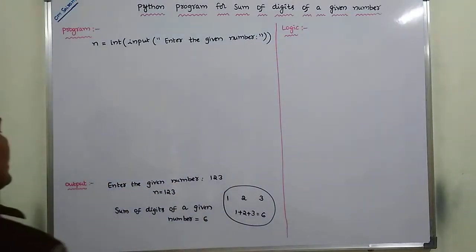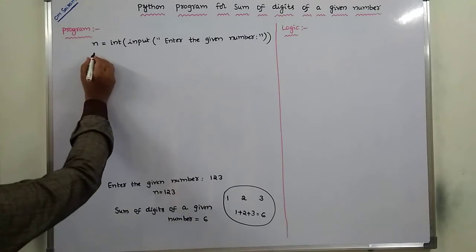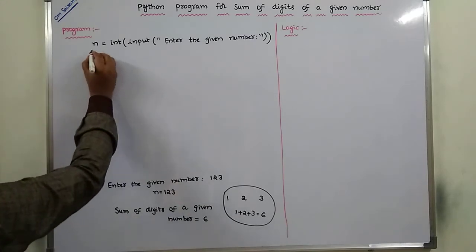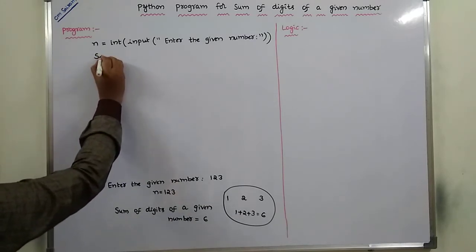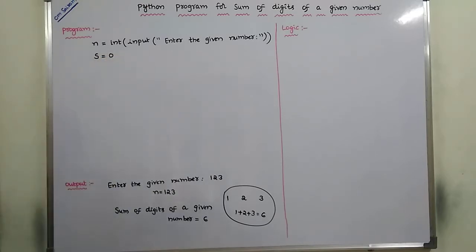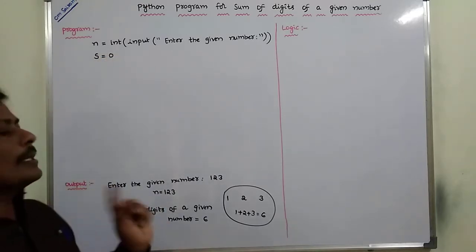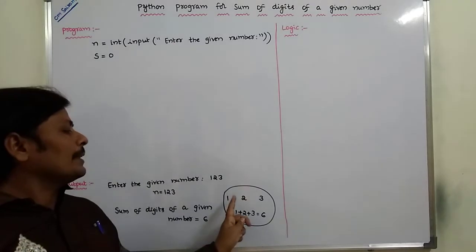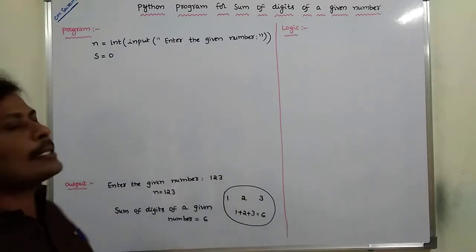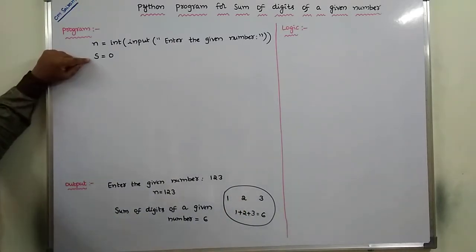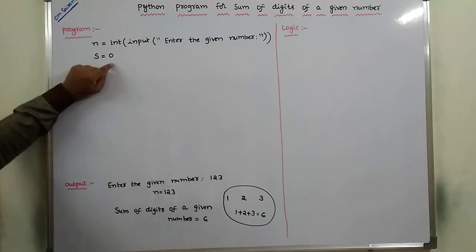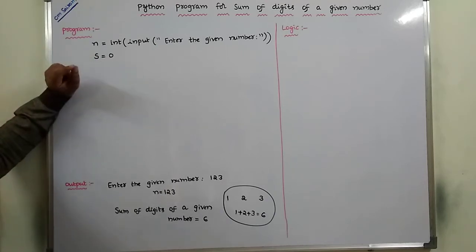Next, initially I am taking the variable s. s is equal to 0. That means before addition of digits of the given number, the sum value, that is s, is equal to 0. Initially sum is equal to 0.